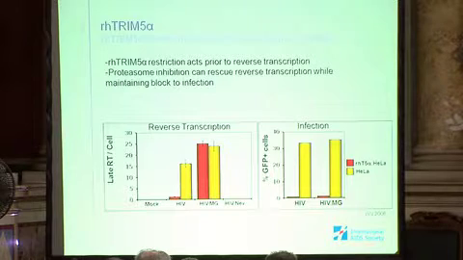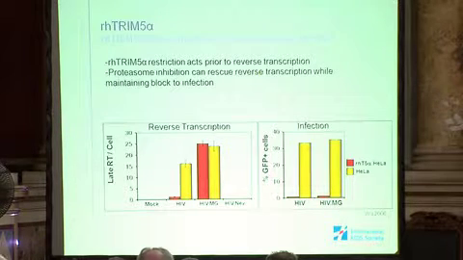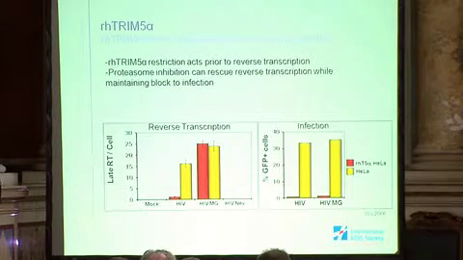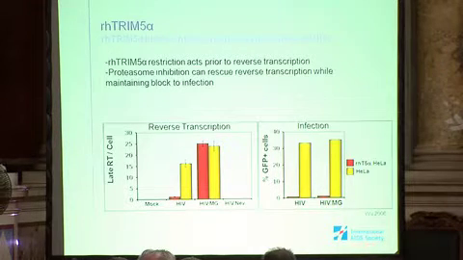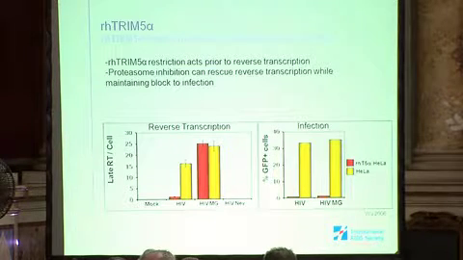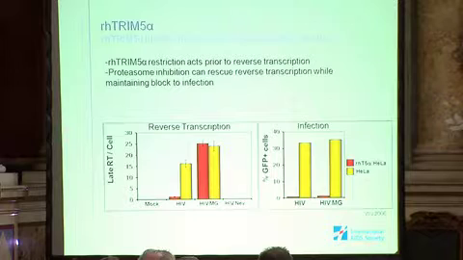If you look on the graph on the right, you can see that there is a correlation with a block to infection. However, if you carry out infection in the presence of MG132, which inhibits the proteasome, despite infection being blocked, which you see on the right, we now see that reverse transcription is able to fully recover.